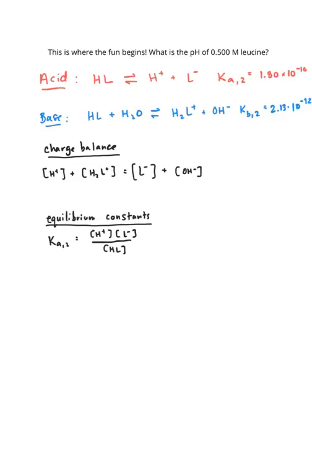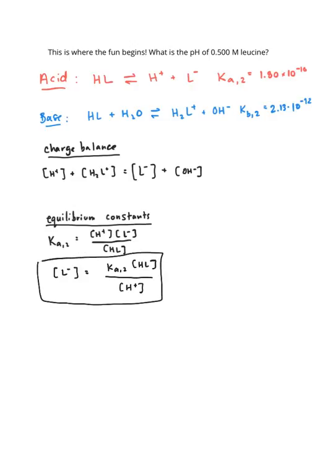So the first thing that I'm going to do is rearrange this equilibrium constant expression to solve for at least one component of my charge balance equation up above. I'm going to rearrange this to solve for L-. So take everything else to the opposite side, and we have Ka2 times HL concentration divided by H+ concentration. There's one equation for us to use moving forward.